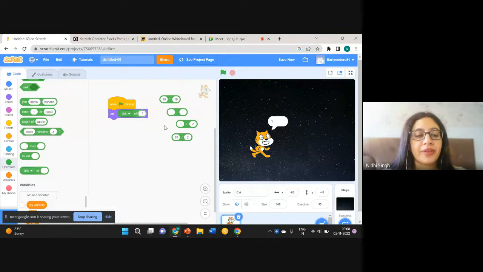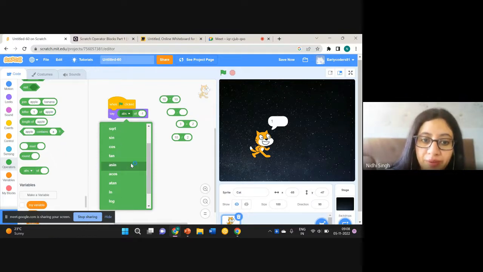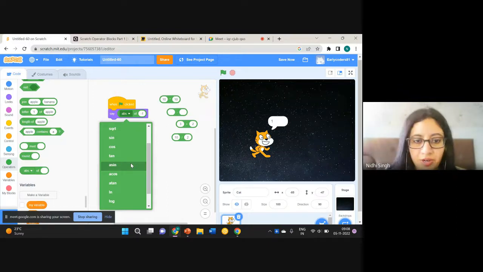Okay. So side by side, you can also try on your screen. Now, if you click on the drop down, so many options are there. We will not be discussing all the things. We will be just taking the important ones because sine, cos, tan are very advanced and you will be doing them later on. Okay, not now.